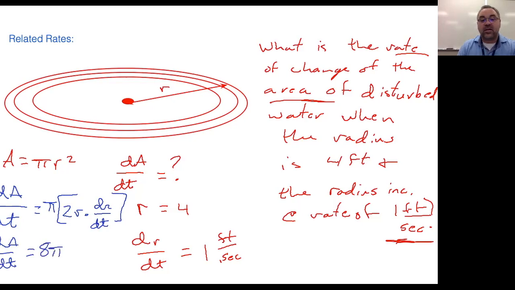pi. Now here's what I want you to think about. The units on the radius are feet. The units on dr/dt are feet per second. What happens when you multiply feet times feet per second? That's right, you get square feet per second. And that makes sense, the units should work out.